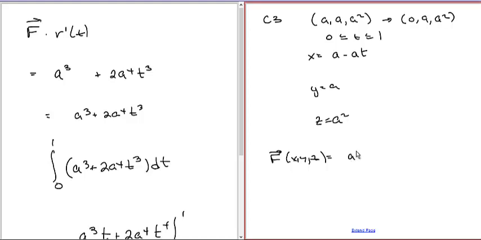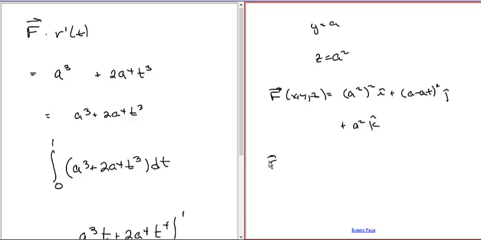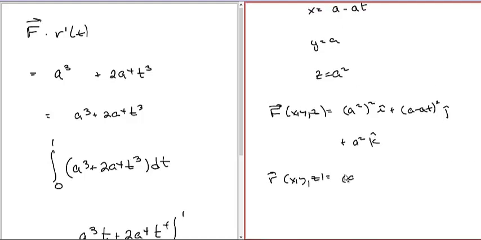So you've got a squared i plus x squared, a minus at squared times j, plus k, which is y squared, so we get a squared k. And the position vector is going to be a minus at i plus a j plus a squared k.